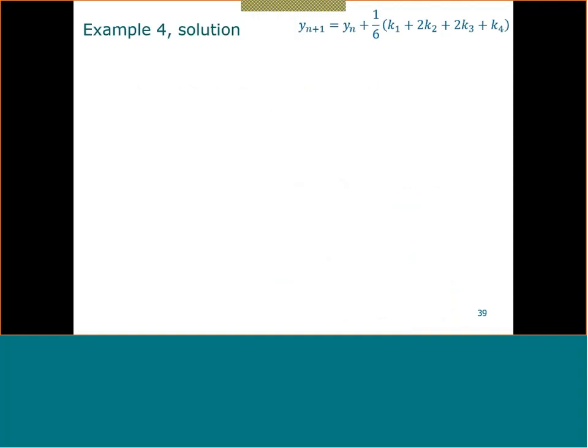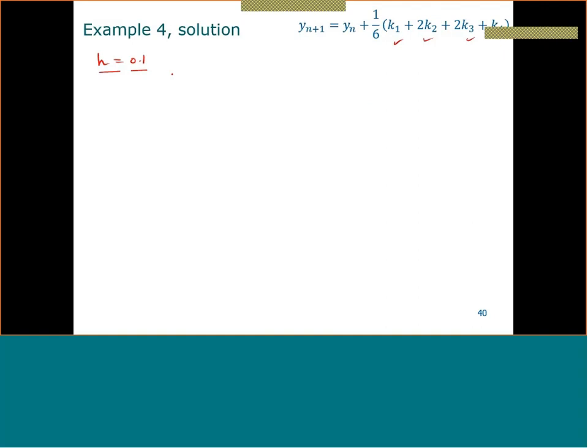So this is the formula we remind ourselves of. We need to find K1, K2, K3, and K4, and I will now show you how we can find these terms. We have h equal to 0.1, which is the step.